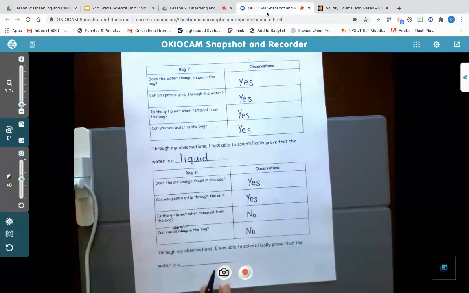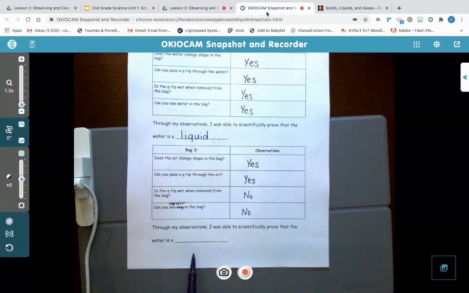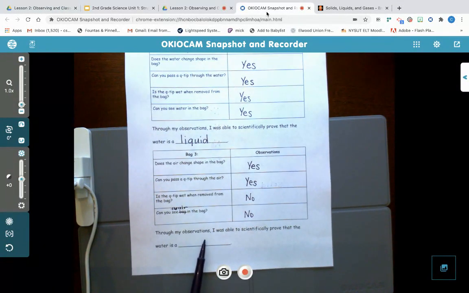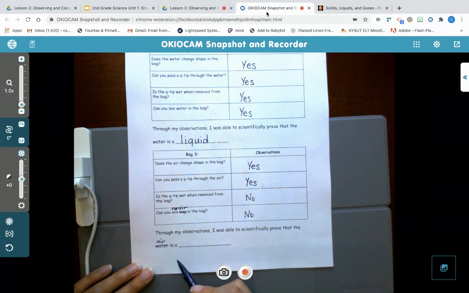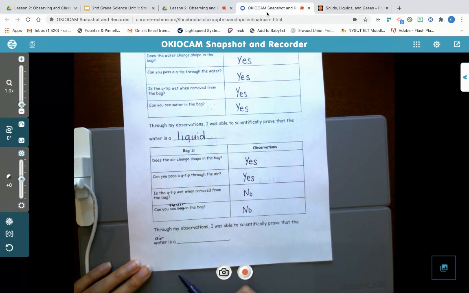All right, now I want you to fill in the sentence. Read it with me. Through my observations, I was able to scientifically prove that, and this is wrong too, this should say that the air. My goodness, I guess Mrs. Miller was trying to rush through making this sheet for you, and I made some mistakes along the way.